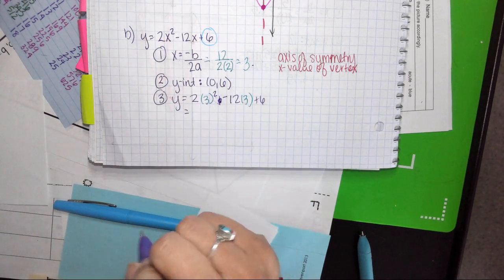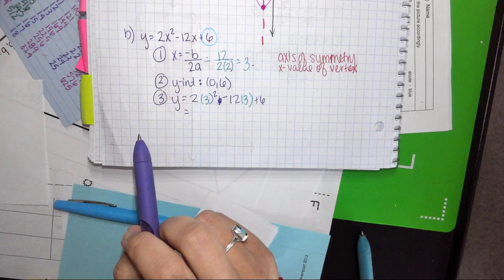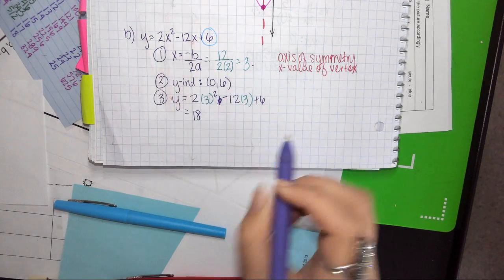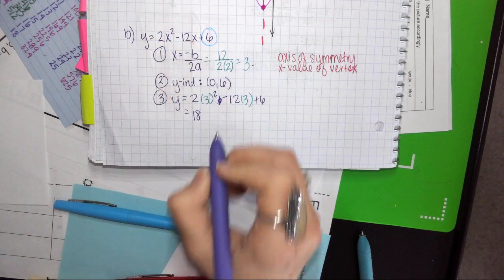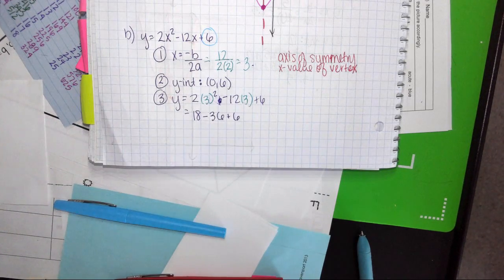All right, what is 3 squared? 9. And what's 9 times 2? 18. And what's negative 12 times 3? What's 18 minus 36? And what's negative 18 plus 6?